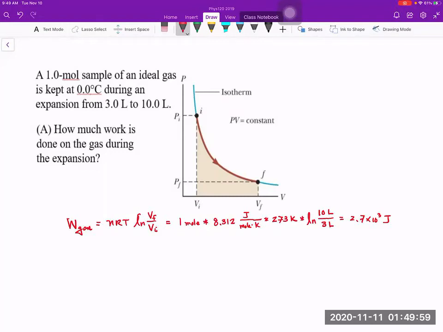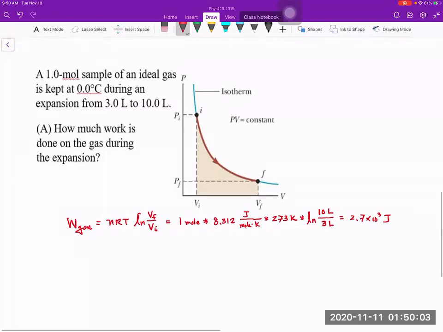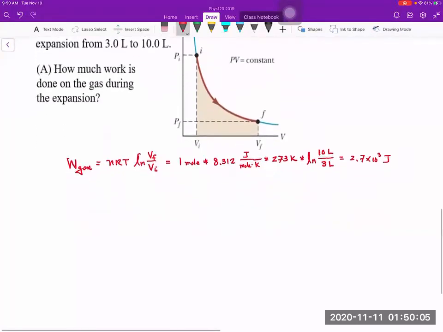Okay, if you wanted to expand this problem, let's say we wanted to know how much energy is transferred by heat to the surroundings in this process. So let me write it down.